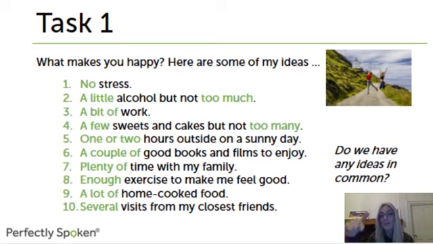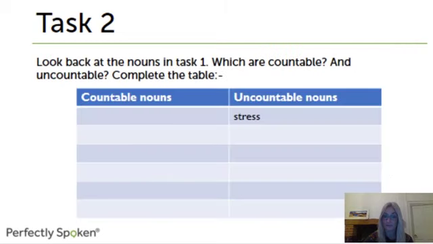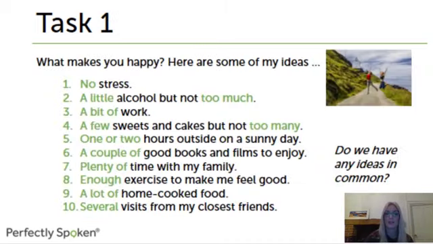I want you to tell me which ones are countable and which ones are uncountable, and to put them in a table that looks like this. So you need a piece of paper or your phone, if that's how you prefer to use it, and do a list, countable and uncountable. Okay? I'm going to put it on this page so you can do it. Countable and uncountable. Go.